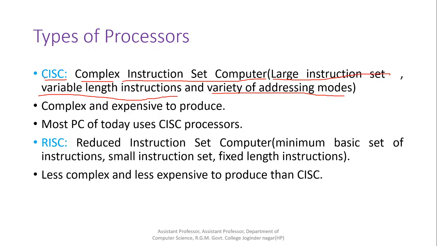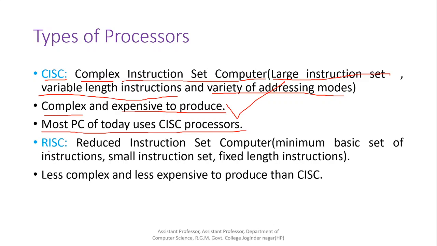As the name suggests, this is a kind of complex processor, and it is very expensive to produce. But the modern PCs we use today use this type of architecture.